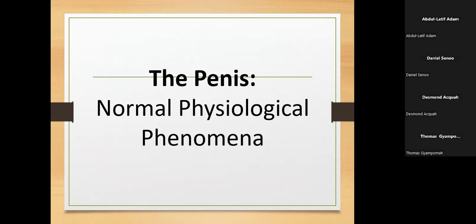Today is basically going to be the normal physiological phenomena or processes associated with the penis. They are normal, and once they are normal, they are normal. So what we're going to talk about are the normal things that we expect of the penis. Then after that, you go to the disorders and so on with the penis.